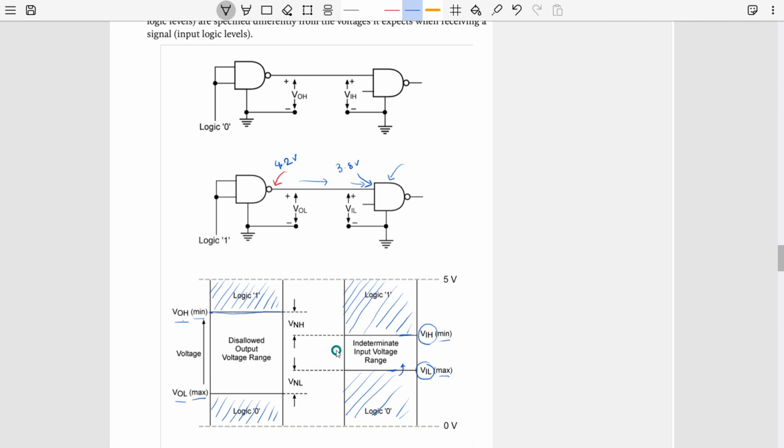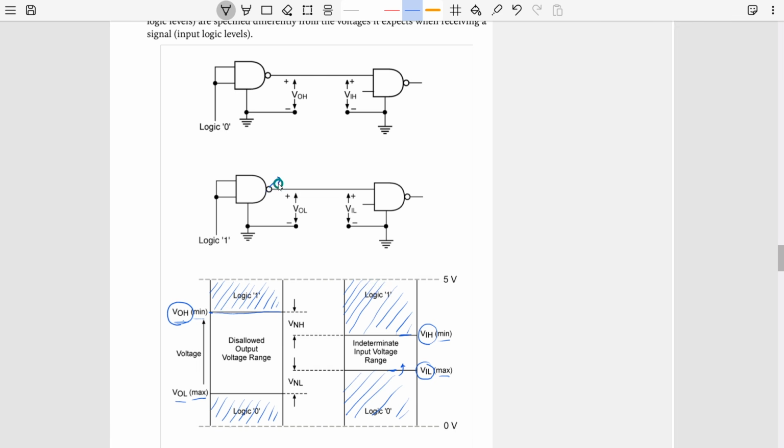So let's say the minimum condition or the worst possible condition we have for a logic gate, if it is trying to provide logic high. So let's say this particular gate is trying to output a logic high, and because of some reason maybe it is providing the least or worst possible voltage for logic high, which is what? This one, right? This is the minimum voltage that must be shown here to be recognized as logic 1. That is the rule.